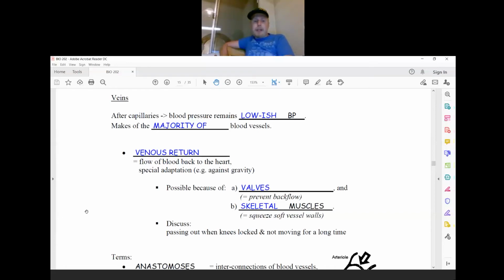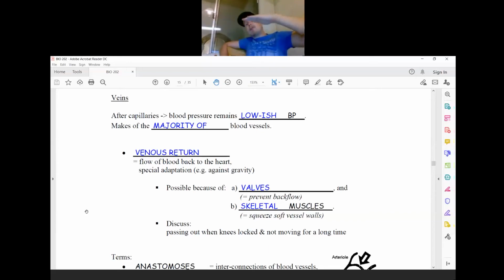And if we end up with this movement being prevented, we end up with insufficient venous return. Enough blood isn't returning to the heart, and eventually your brain will start to slowly get depleted of the sufficient blood supply, and your brain will react to that immediately and you will pass out.